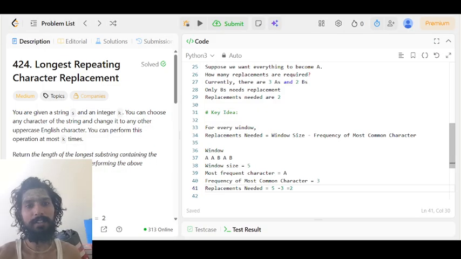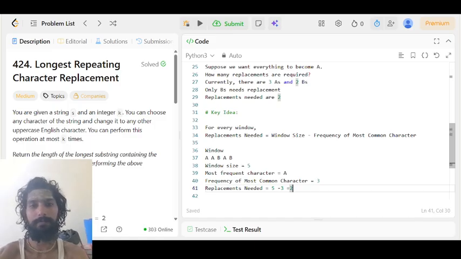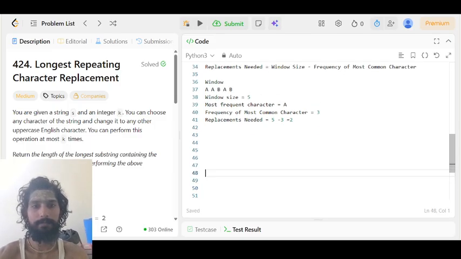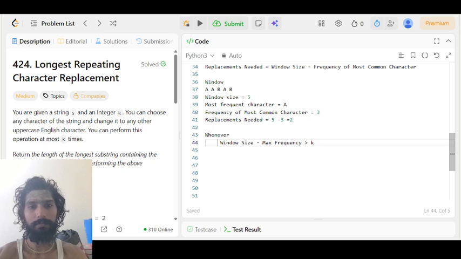Now suppose k equals 1. If a window requires 0 replacements, that is valid. And if it requires 1 replacement, that is still valid for k equal to 1. If it requires 2 replacements, now it becomes invalid. So whenever window size minus max frequency is greater than k, our window is too large.